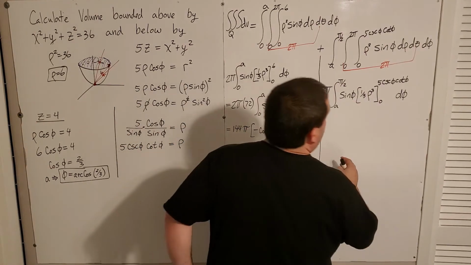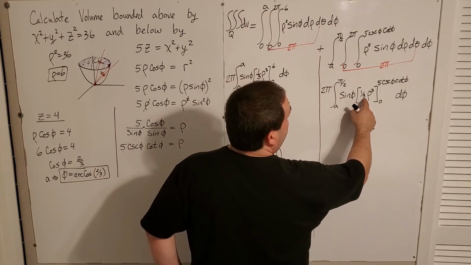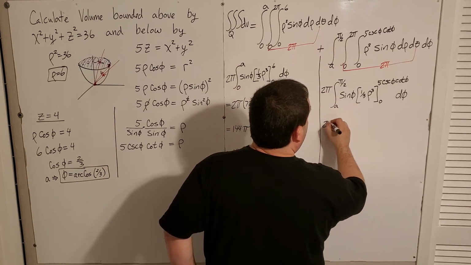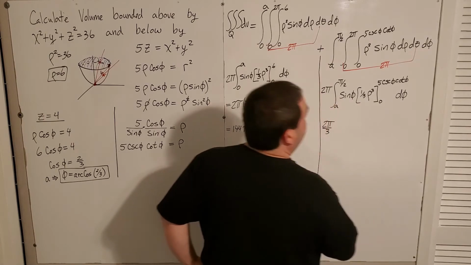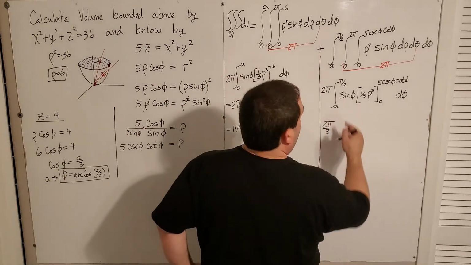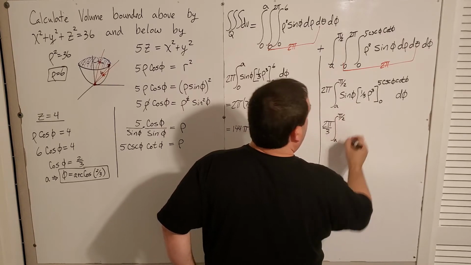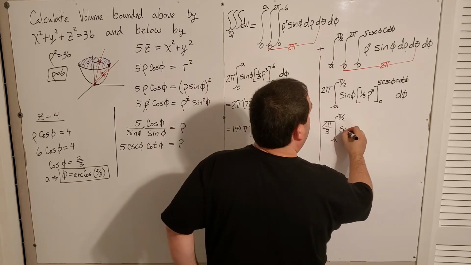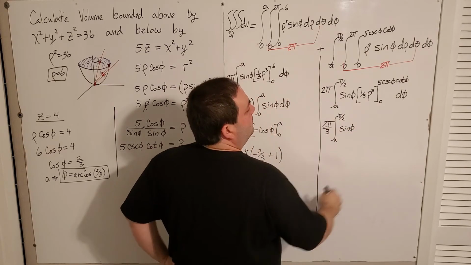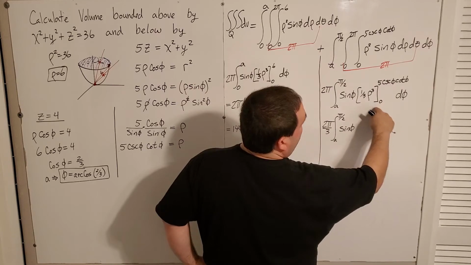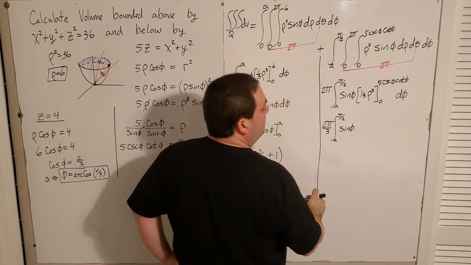Okay, so I'm pulling the 1/3 out to pi over 3, like this. I'm going to have integral from a to pi over 2 sine phi, and then I've got all of this to the third minus 0 to the third, which is just minus 0, right?